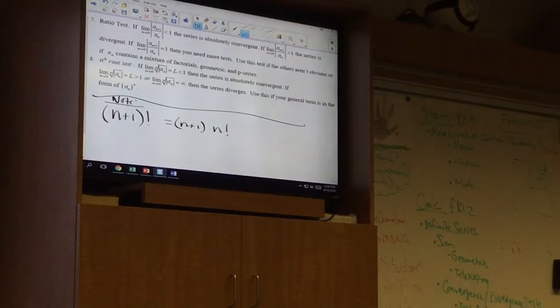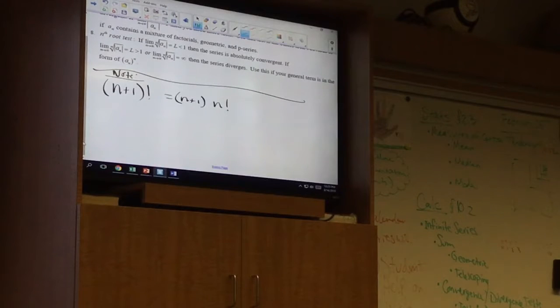Okay, let's talk about this. Is this intuitive? Like, does that make sense without an explanation, or not really? Not really. Okay, so let's choose. Give me a random positive integer for n. 17. There we go. Okay, so when n is 17, what I'm saying is this: 18 factorial.